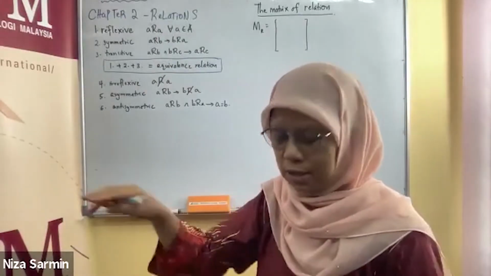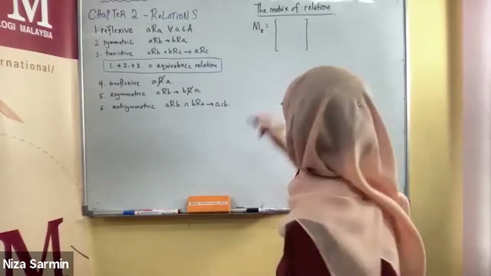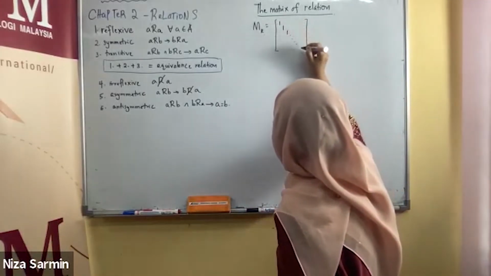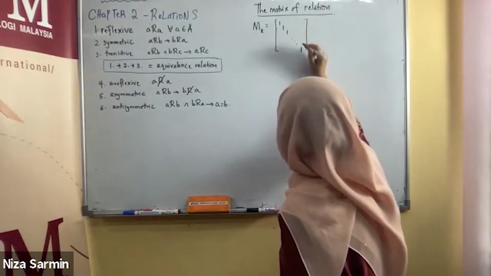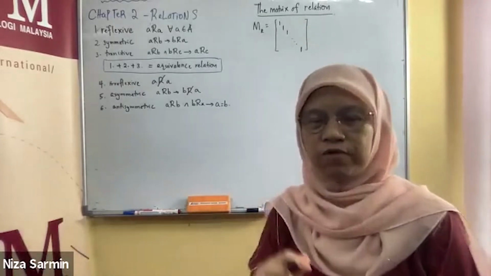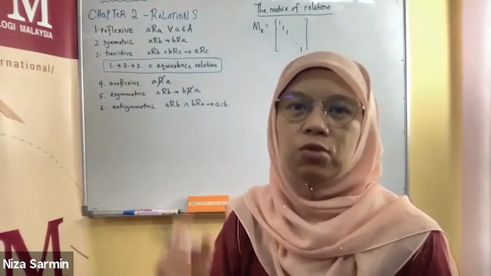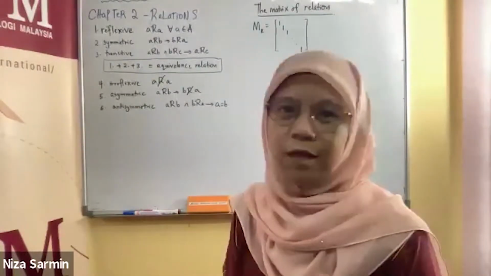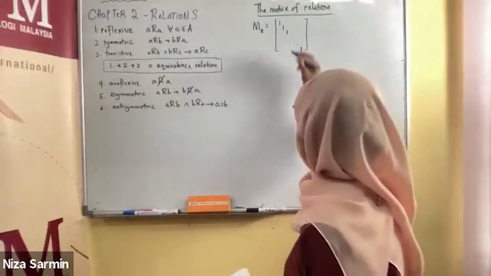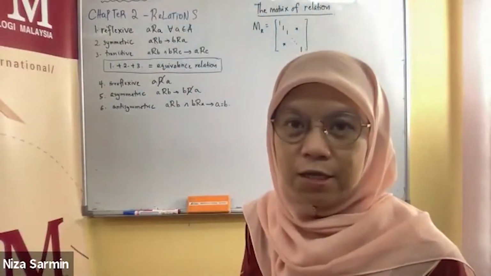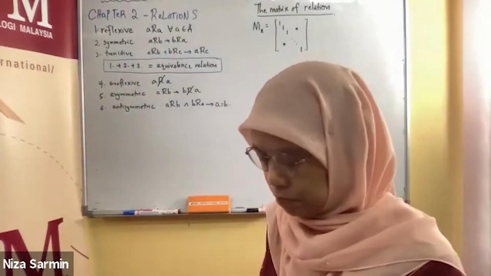Say A has N elements. Then you have to have 1s on the diagonal, because you have to have 1,1, 2,2, 3,3, until N,N, and the rest, where you see the star here, doesn't matter. It can be anything.